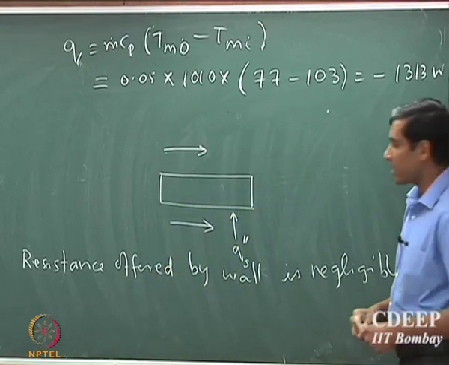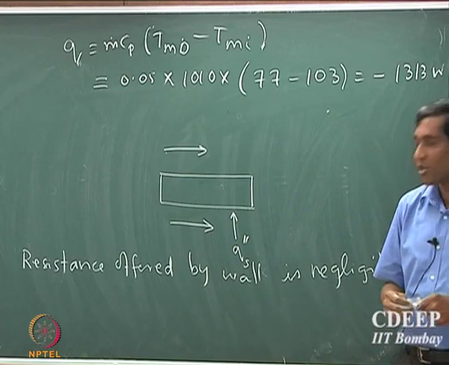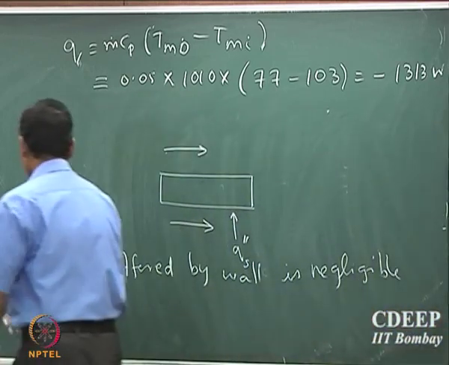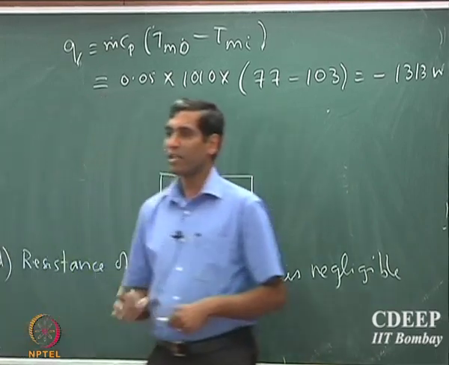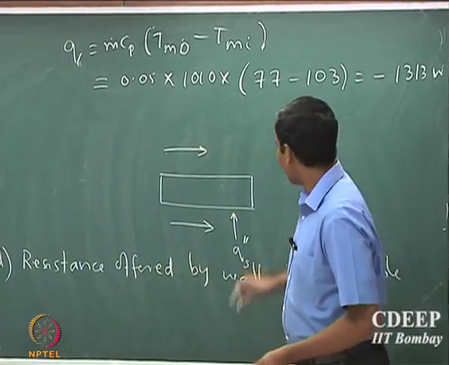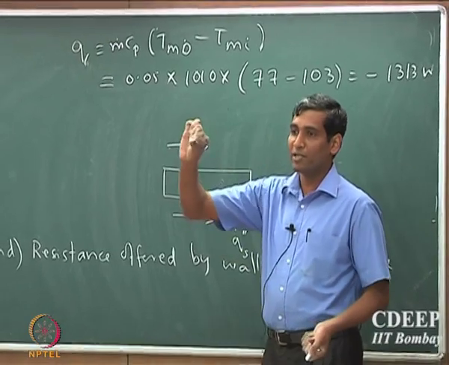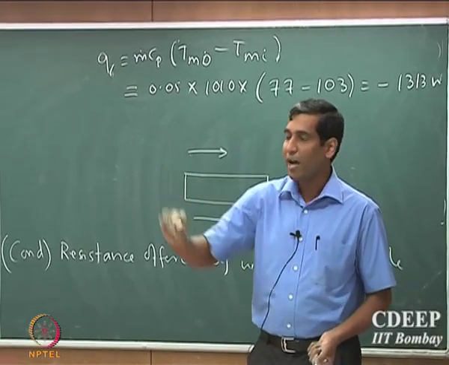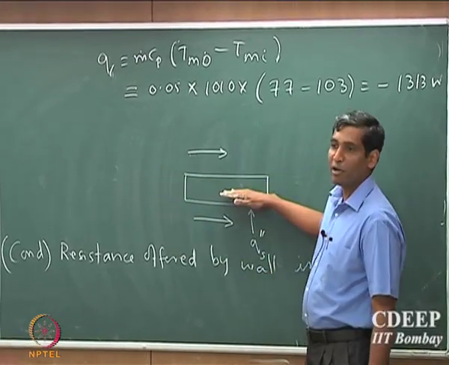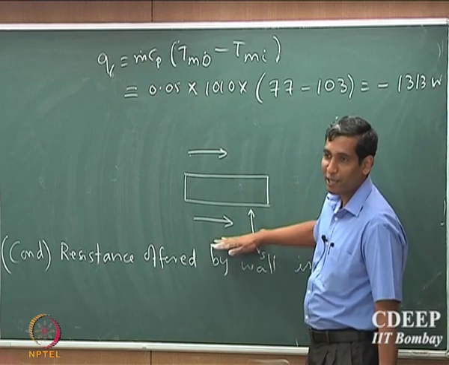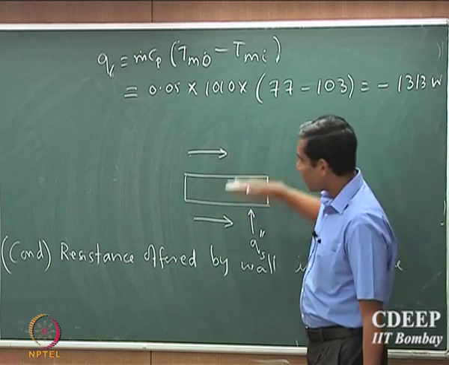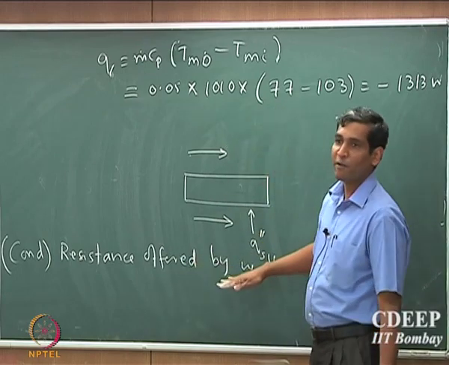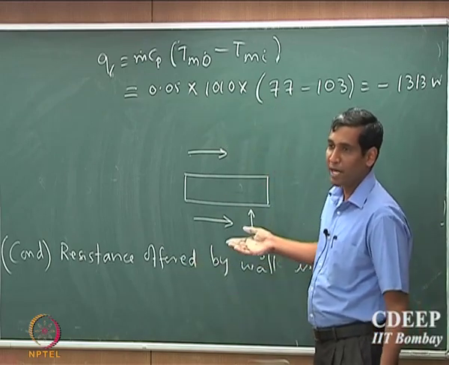This is not a very bad assumption, because the thickness of the tube is typically very small, and the conductivity of the solid is significantly higher than the conductivity of the fluid stream. Therefore, the conduction resistance may not be that significant compared to the convection.